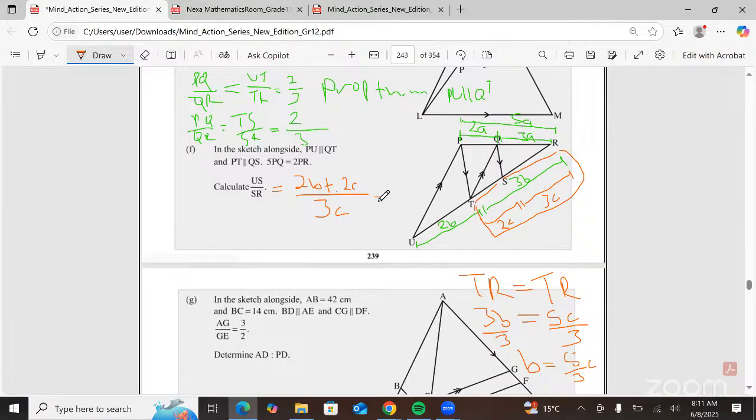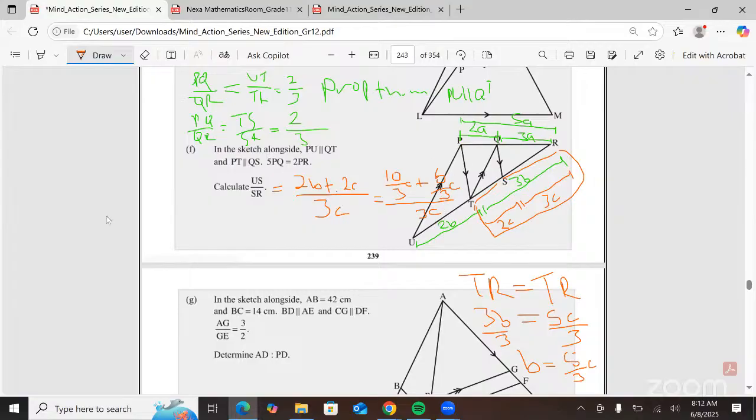Now wherever I see B, I substitute 5C over 3. I have 2 times this, which gives me 10C over 3, plus 2C, which we can write as 6C over 3. All over 3C.